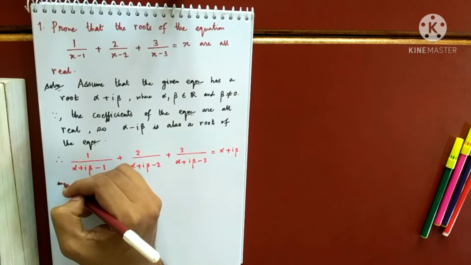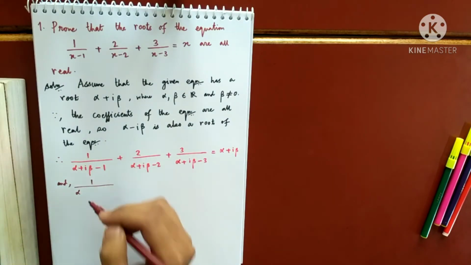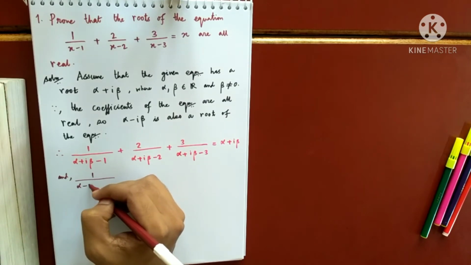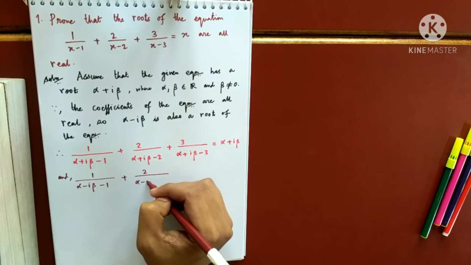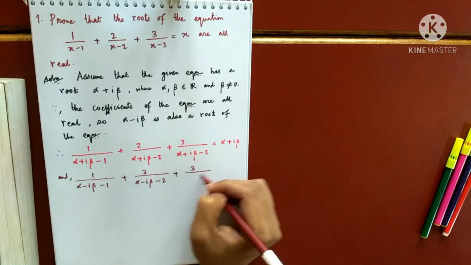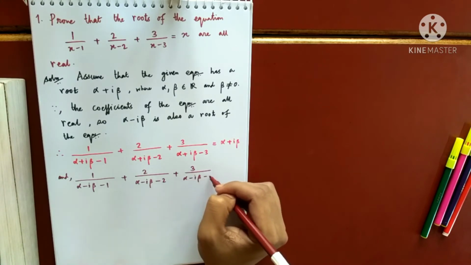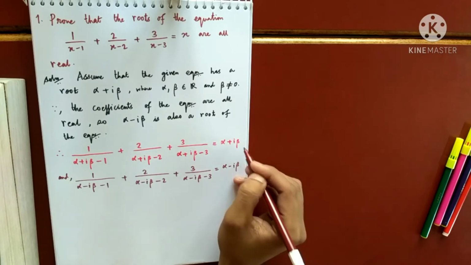Similarly, 1 by alpha minus I beta minus 1 plus 2 by alpha minus I beta minus 2 plus 3 by alpha minus I beta minus 3 equals alpha minus I beta.